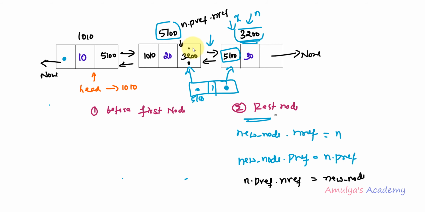To access this place, this is n now. So this is the previous node of the n, that is nothing but n dot pref. And in that this position is n dot pref dot nref. So that is equal to new node. Lastly, you need to change this, and that is n dot previous reference. So here you need to take n dot pref is equal to new node.